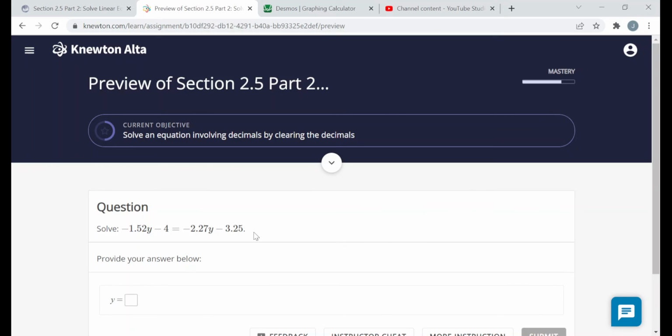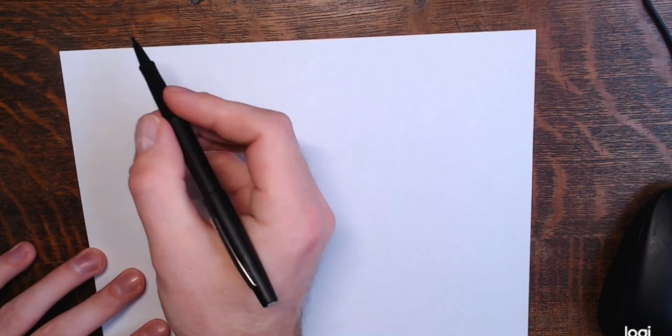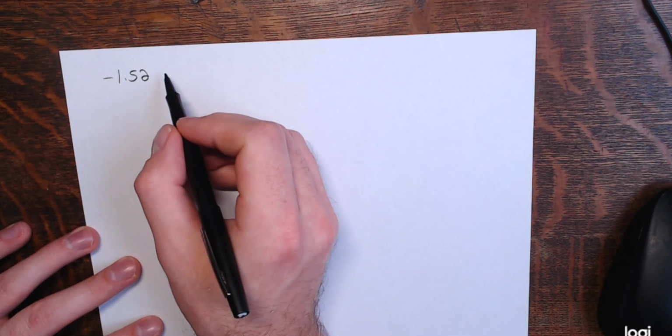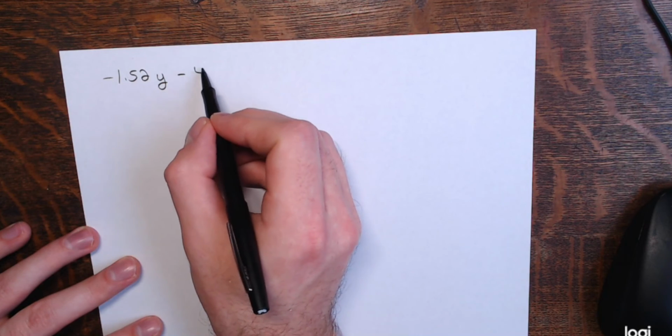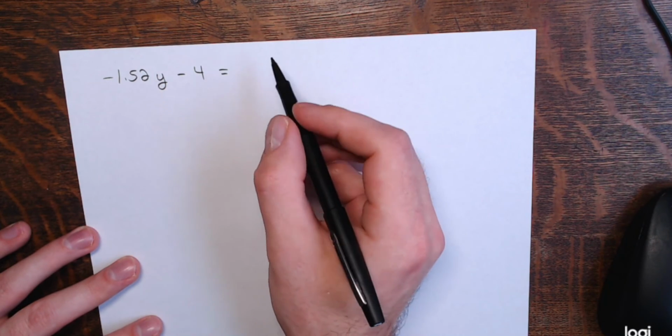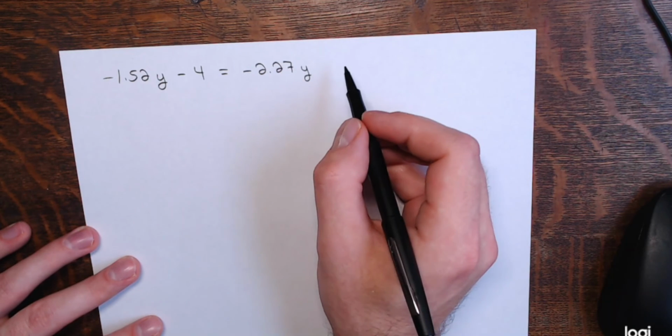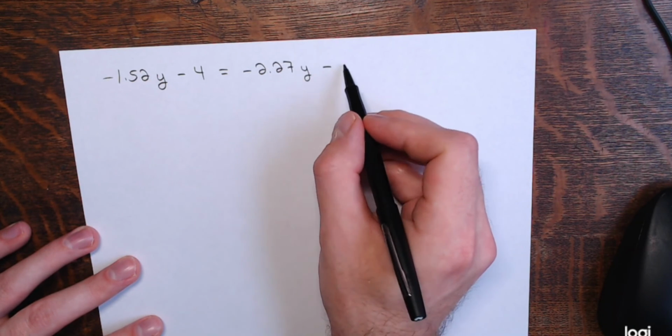All right, so I'll just write this one out, work through it by clearing decimals. So negative 1.52 times y minus 4 equals negative 2.27 times y minus 3.25.